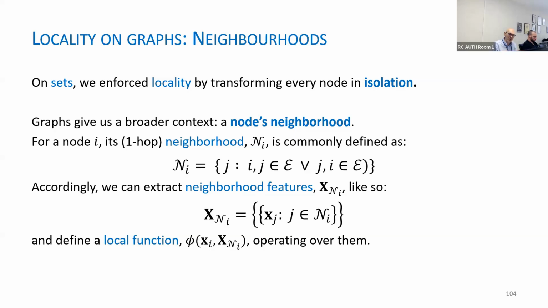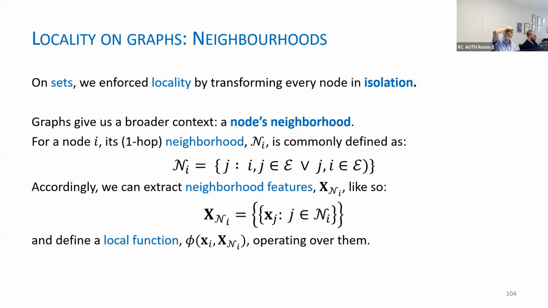You remember, for example, in PointNet, also in DeepSets, we have an MLP which is applied individually, in isolation, for each point. So graphs instead have a broader context, which is represented by the neighborhood of the node. So we have to define which is the neighborhood of the node.